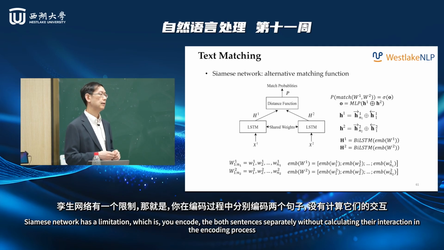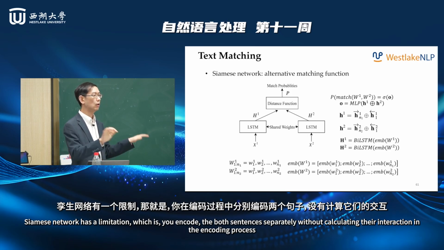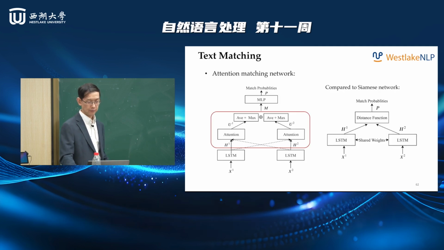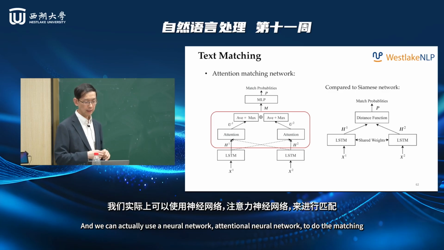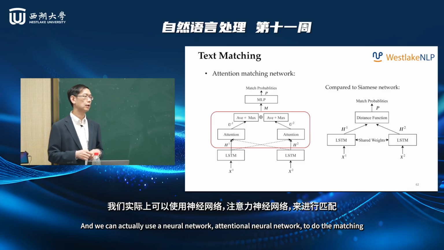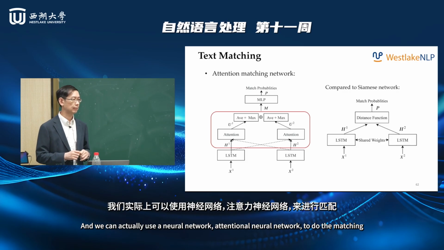Siamese network has one limitation, which is you encode both sentences separately without calculating their interaction in the encoding process. And we can actually use a neural network, attentional neural network, to do the matching.